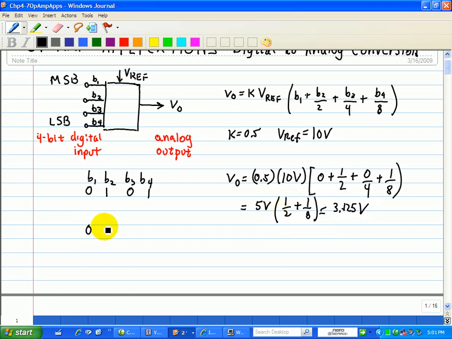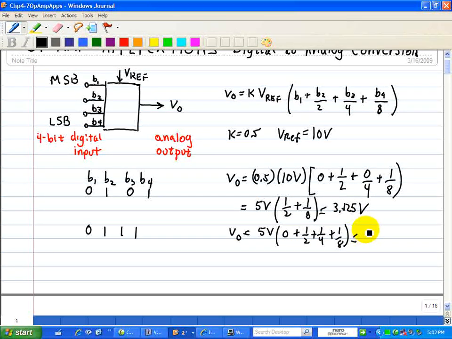Let's do another example. Let's try 0, 1, 1, 1. So VO in this case would be 5 volts times 0 plus 1/2 plus 1/4 plus 1/8, and then we should have a higher voltage since the associated digital input is higher than the previous one, and this yields 4.375 volts. And then finally, let's look at 1100.